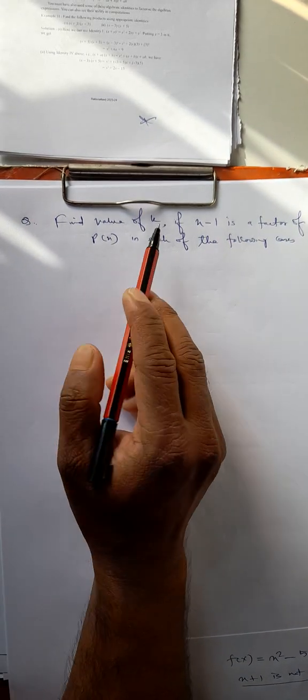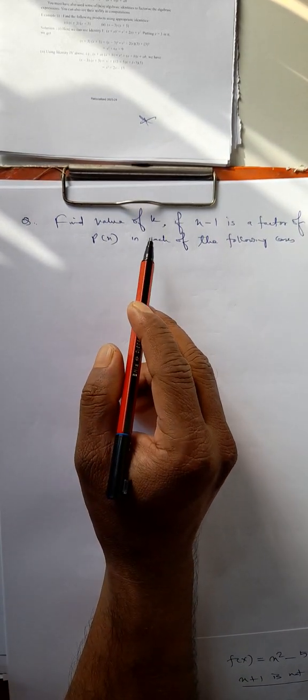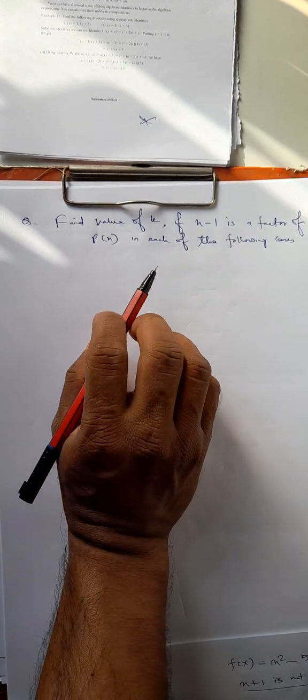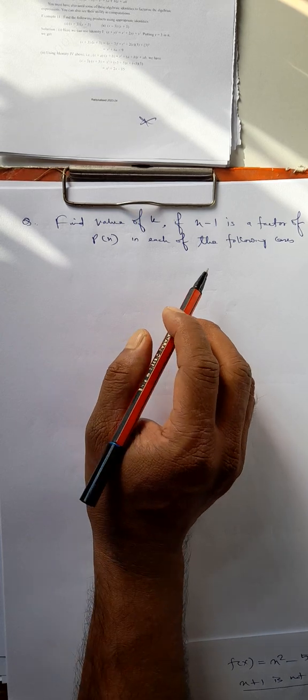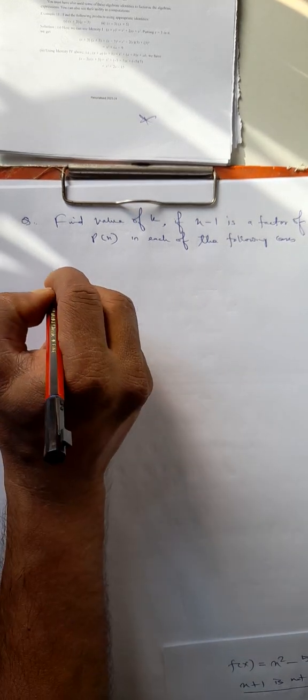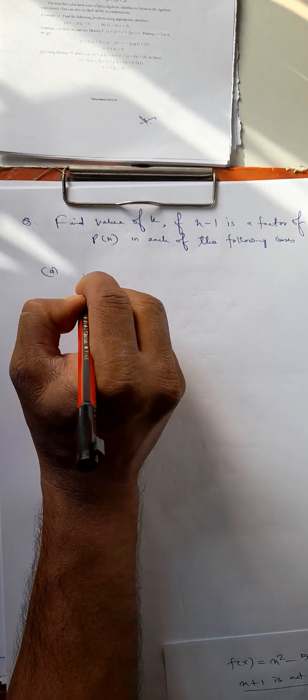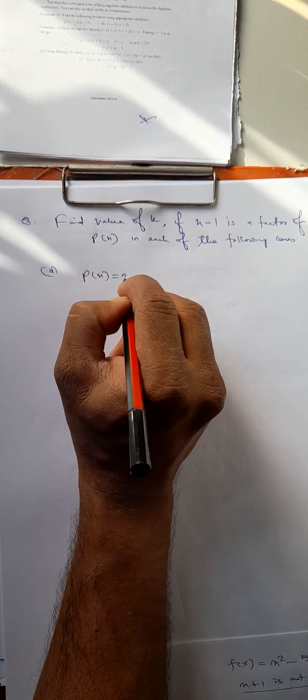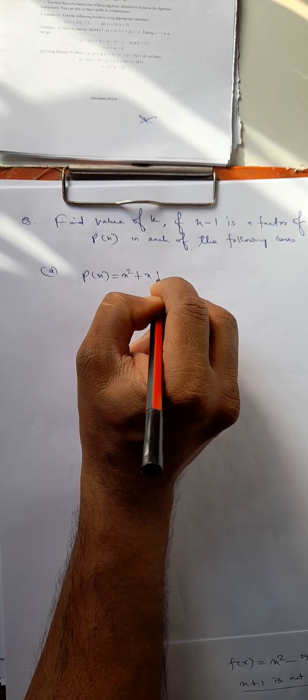Now you are given to find the value of k if x minus a is a factor of p(x). Suppose first you are given p(x) equal to x square plus x plus k.